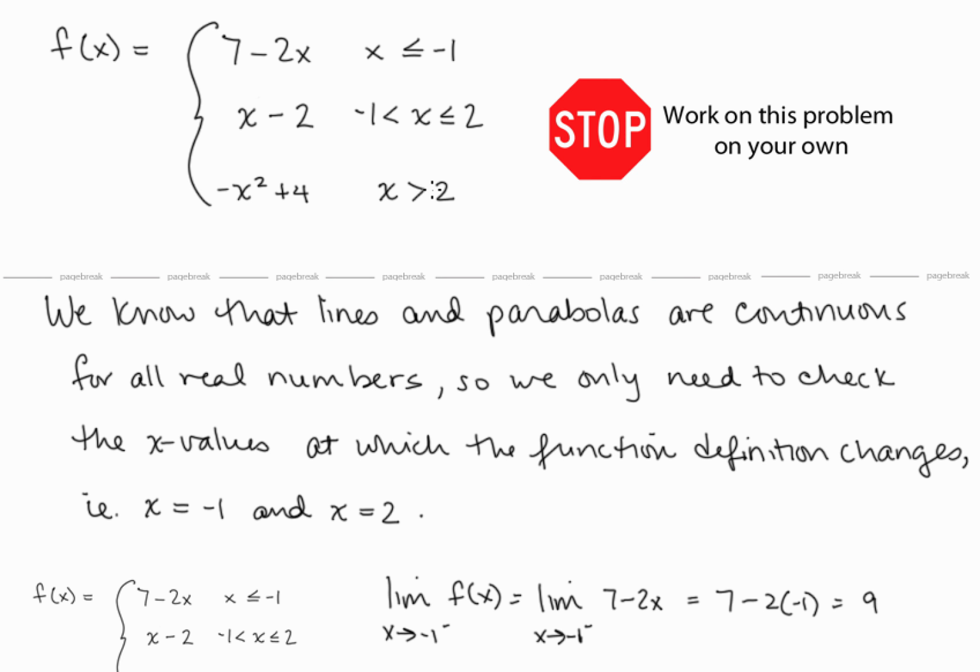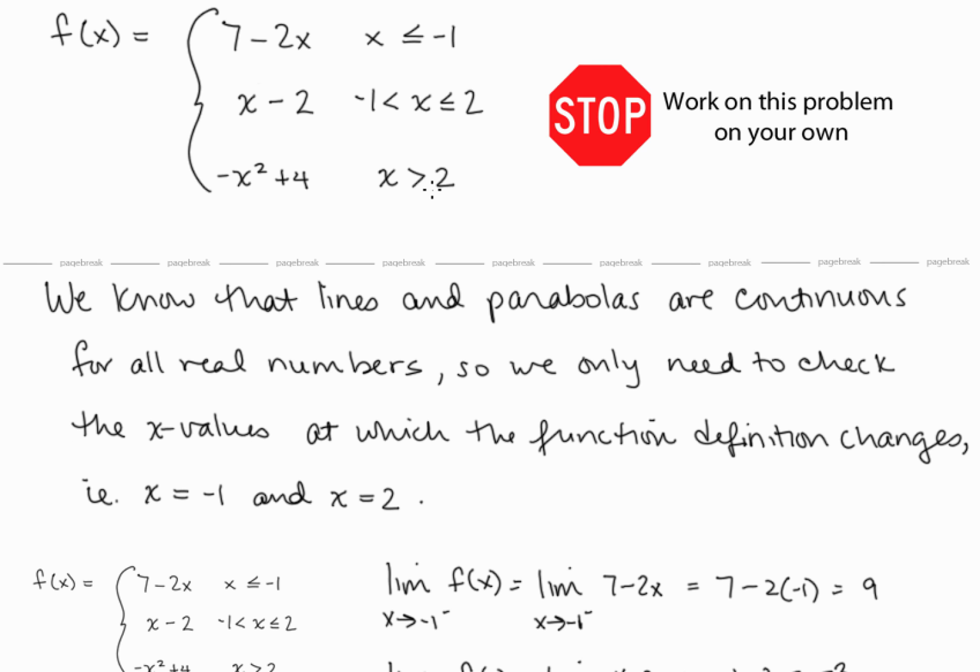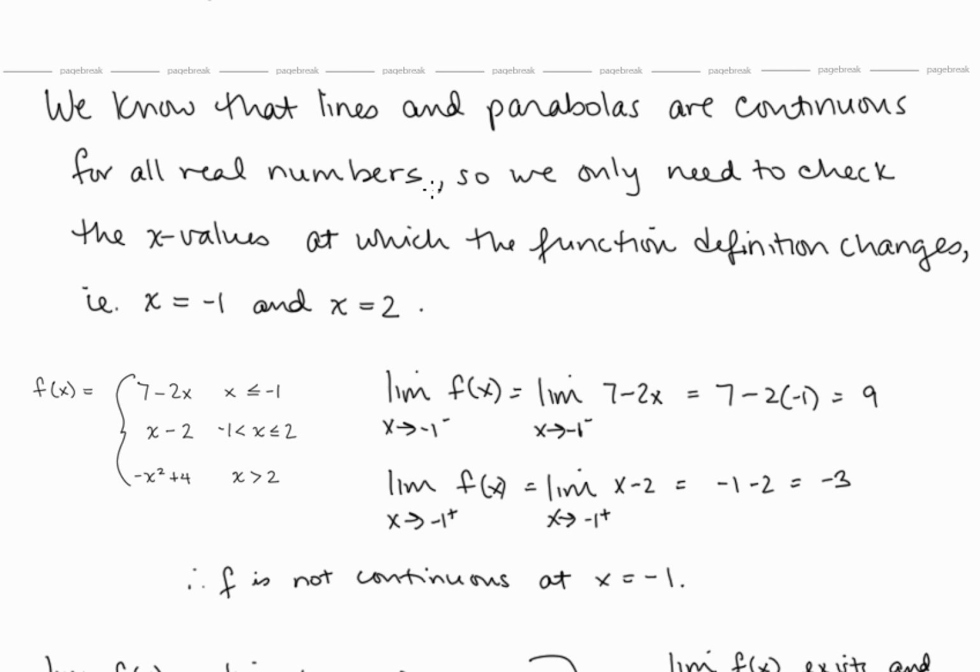So let's take a look at these limits. And to do that, because we have a piecewise function, we're going to need to look at left and right limits. So we start by taking a look at the limit of f of x as x goes to -1, and so the limit as x goes to -1 from the left of f of x is equal to the limit as x goes to -1 from the left of 7 minus 2x, because a left-sided limit is going from values less than -1, and so we're using the top function definition here.